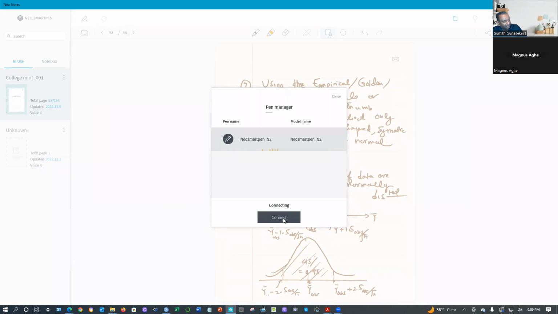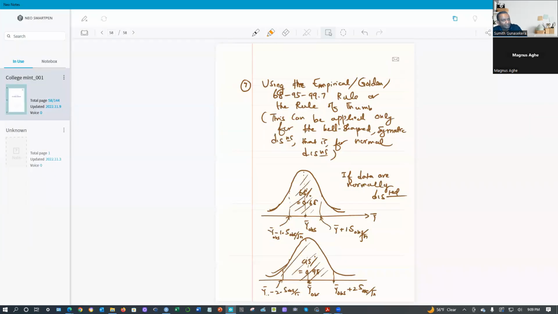Give me 1 second. Something happened to the page.